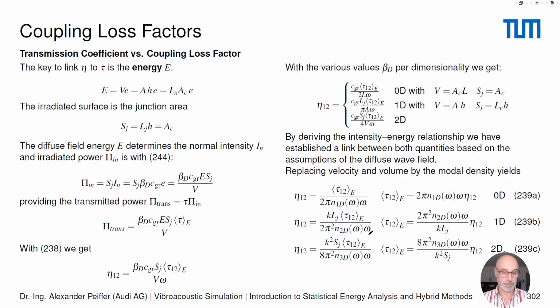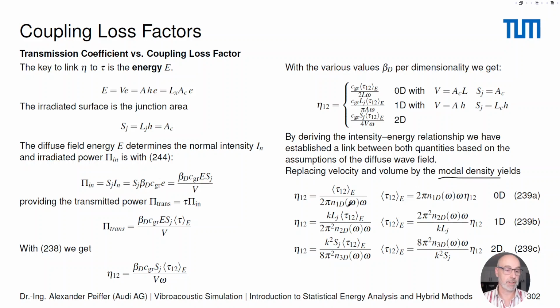And putting it all together, these are the formulas in all the different directions. So if we have the transmission coefficient and we would like to get the coupling loss factor, we can use this formula. Keep in mind that here we have now used a clear relationship between all the geometry dimensions and have replaced this by the modal density.